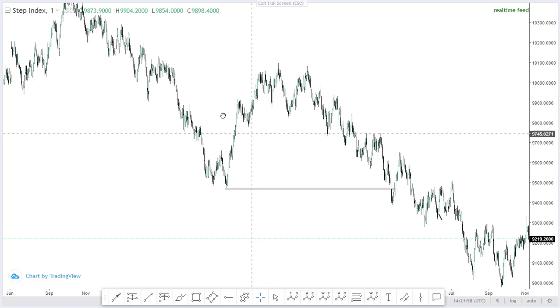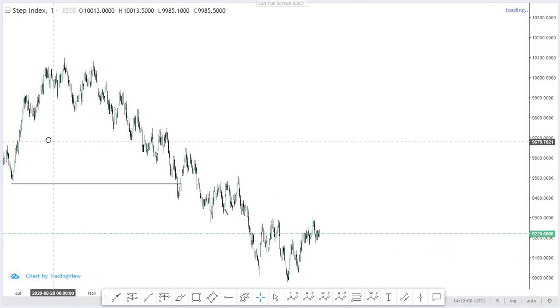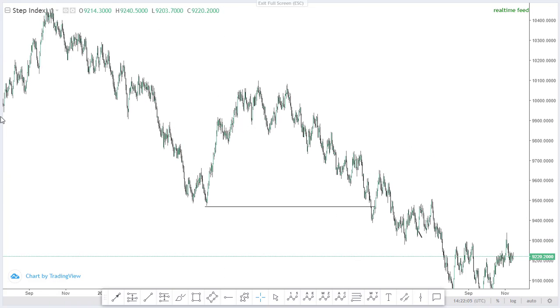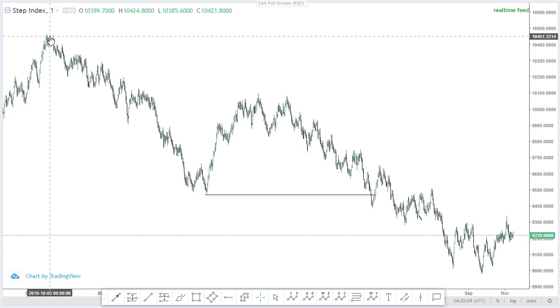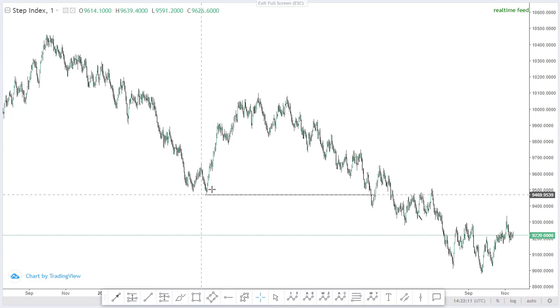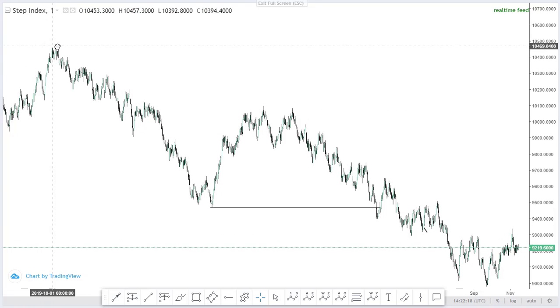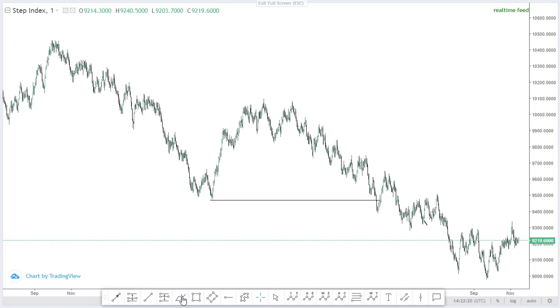Let's say you open your chart, for example, and you see it is starting like this. Or you can even start from here. But what you should know is that we have lower high, lower low, lower high. The market is creating a lower low. Understand that. Understand the structure we have on Step Index.